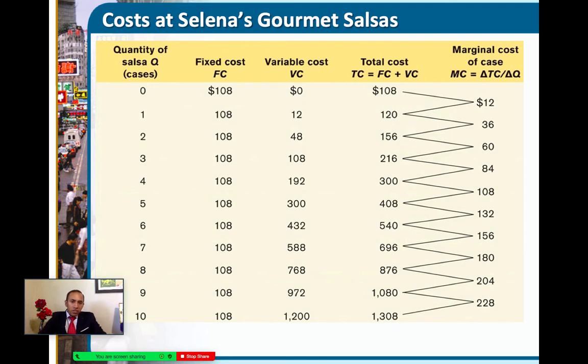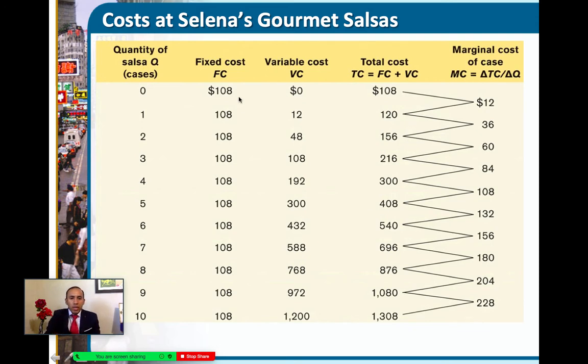And if you notice the variable cost, we produce no output, then it's 0. But to produce 1 unit of salsa is 12, 2 units, it rises to 48, 90, 182, 300, 488, and 1200. The variable cost can include anything when it comes to the condiments, the labor, the amenities, and so on.